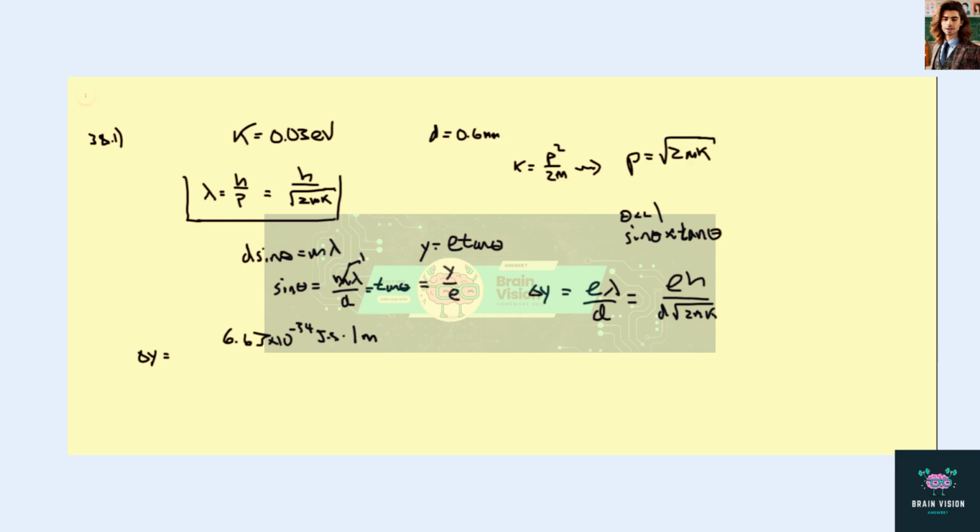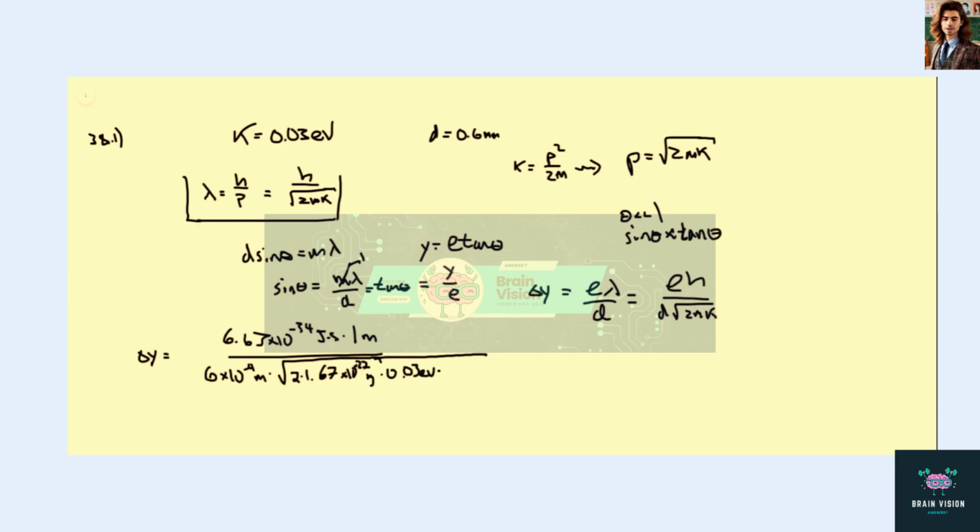L was 1 meter. d, the distance between the slits, was 0.6 millimeters, so 6 times 10 to the negative 4 meters, times the square root of 2 times the mass of the neutron in electron volts, that's a big number. It's like 900 mega electron volts.